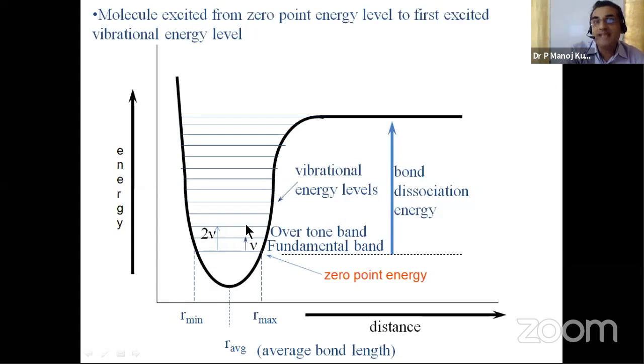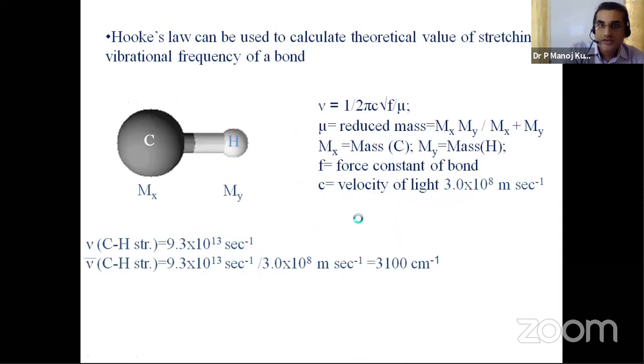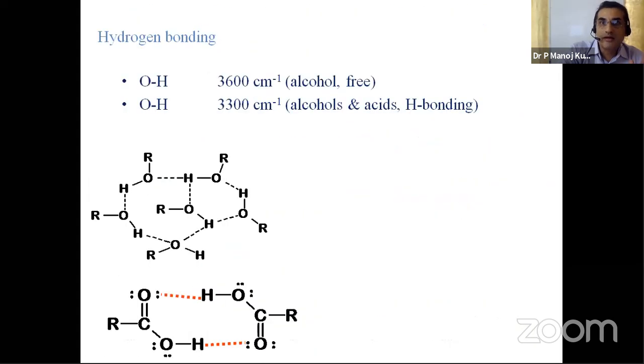It will show as a band, which we call an overtone band. But in usual circumstances, the intensity of this band will be very less. You cannot detect it.